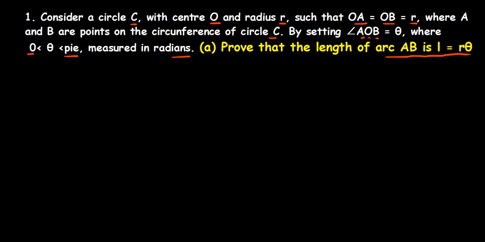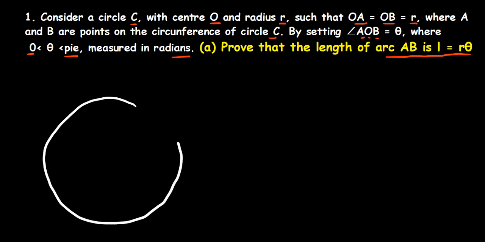Okay, so here we have this circle C. So let's draw a circle C here. Okay, so this is our circle, and they are saying this circle has a center O. So if this is the center here, let's label it O. Then with radius R, such that OA is equal to OB, where A and B are points on the circumference.